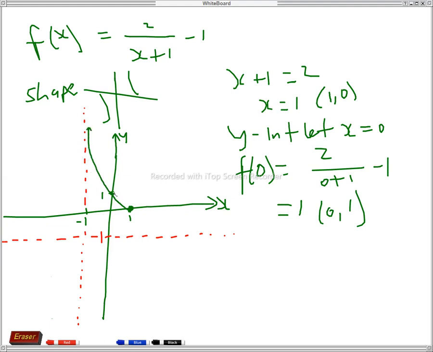Make sure when you sketch your graph you don't touch your asymptotes, because when you touch them you are doing something that is wrong. This one will be like this, and this one will be like this. You still remember the shape was on the first and the third. This is how our graph looks.